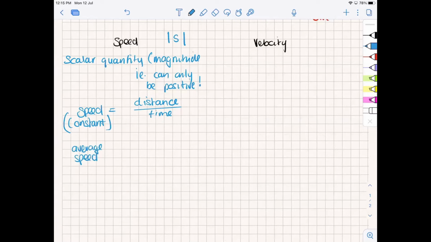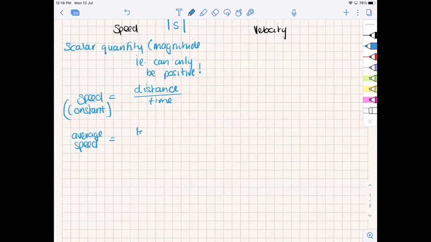This is like taking the average gradient when we differentiate. We're not getting the exact gradient, we're getting an approximation because we're measuring between 2 points, okay? So if I want to work out average speed, well, I can just take the total distance covered and I can divide that by the total time.